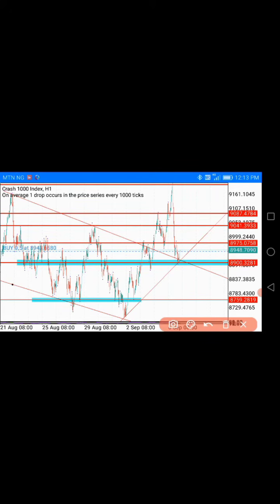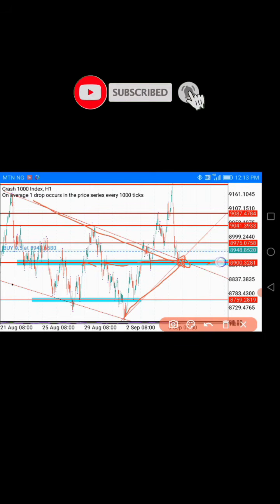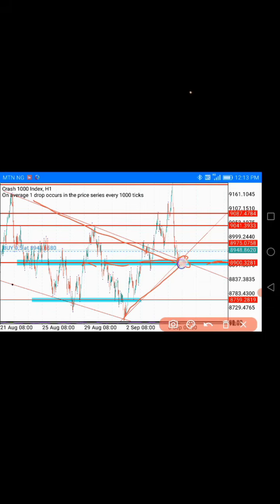You look at this trend line coming here, and this one coming here, and then our rectangle that we placed, and our horizontal line, everything coming to touch here. This is a high level confluence, but even at that, you don't just place the trade immediately.